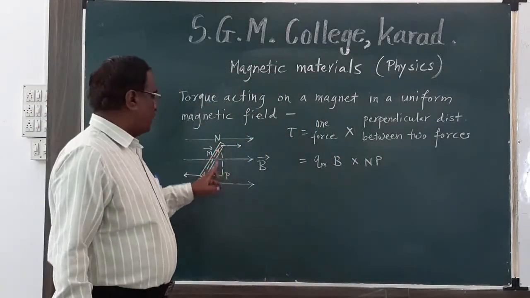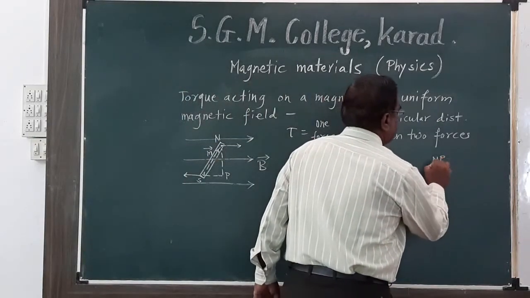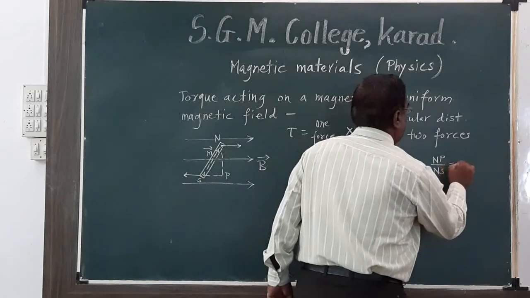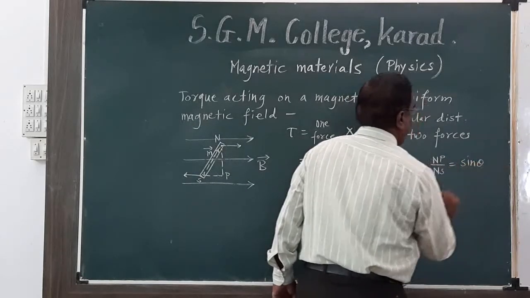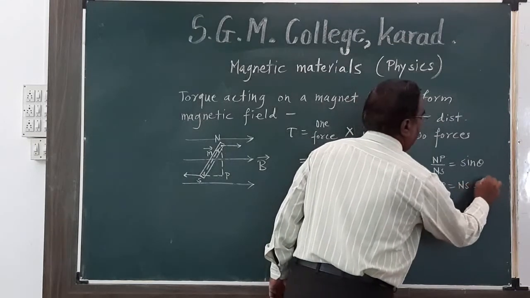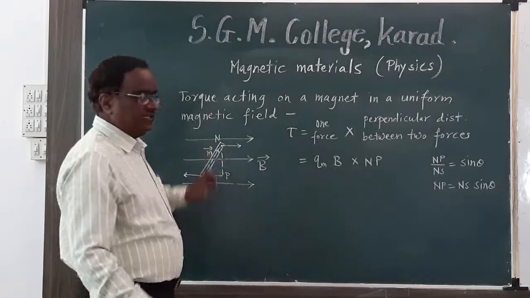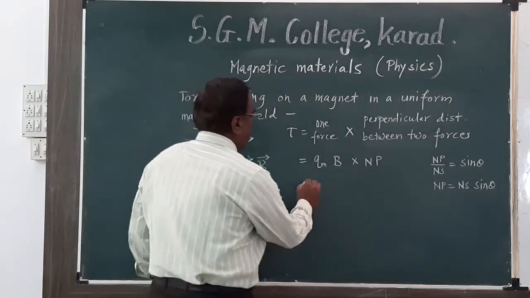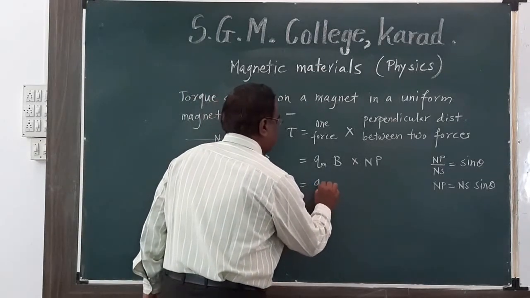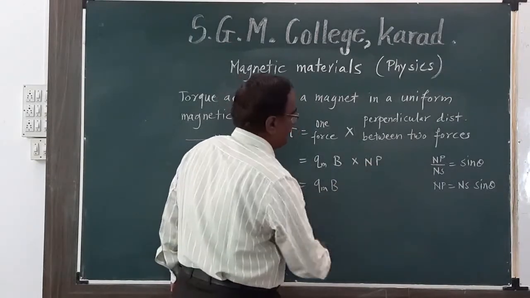And from figure, NP upon NS is equal to sin theta. Therefore, NP is equal to NS sin theta. NS is magnetic length, which is denoted by L. Then torque is Qm into B into L sin theta.